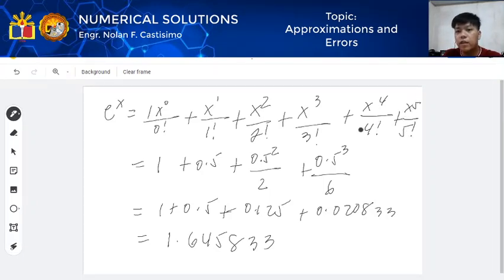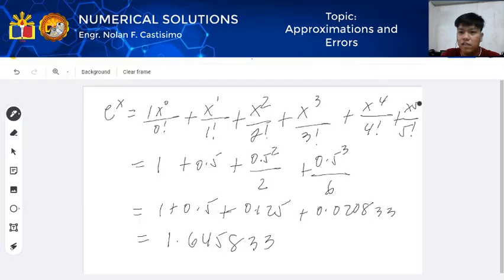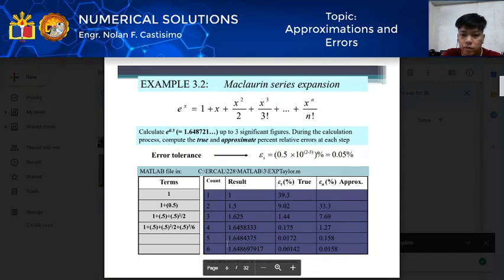Kaya, kapag ito isinama niya hanggang ditong fifth term, makukuha niya ito, 1.648435. And then, ito naman, pag isinama niya itong x raised to 5 over 5 factorial, makukuha naman ito.